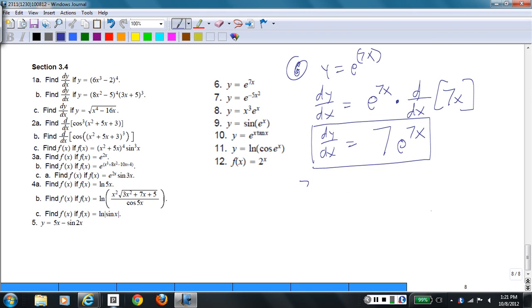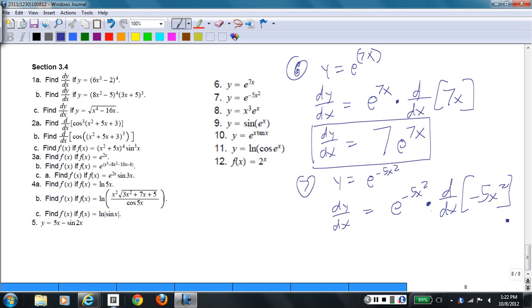And similarly with problem 7, if y equals e to the negative 5x squared, then dy/dx equals e to the negative 5x squared times the derivative of negative 5x squared.